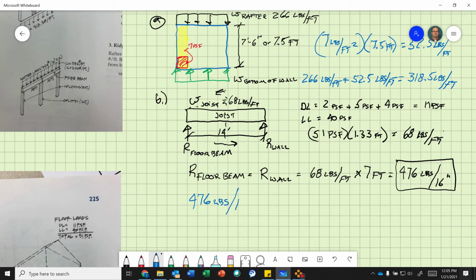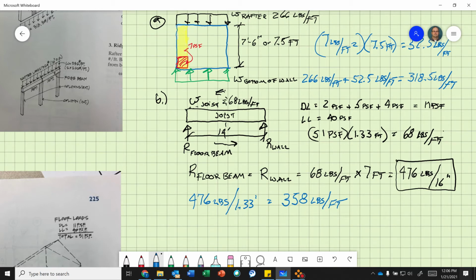So if I divide by 1.33 feet, I get 357.8, so 358 pounds per foot on the wall, and on the joist. So remember, per joist, okay?